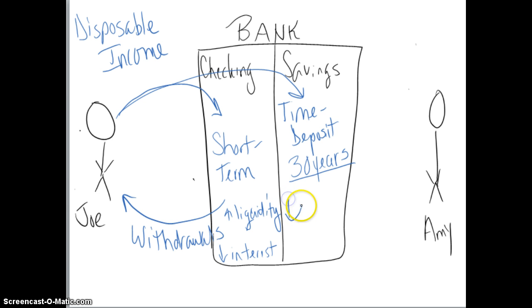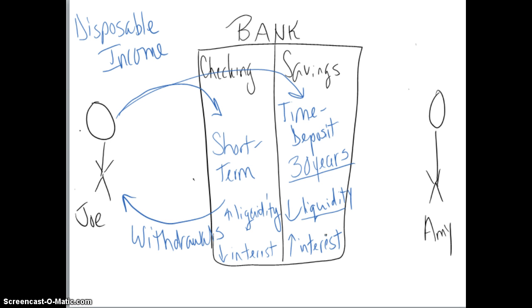Because of this, there is very low liquidity. If for some emergency Joe needs to access this money, he's going to be paying a large penalty fee. But because he's probably not, we assume that it has very low liquidity. He cannot turn this money back into cash easily until the 30 years are up. These accounts earn higher interest.